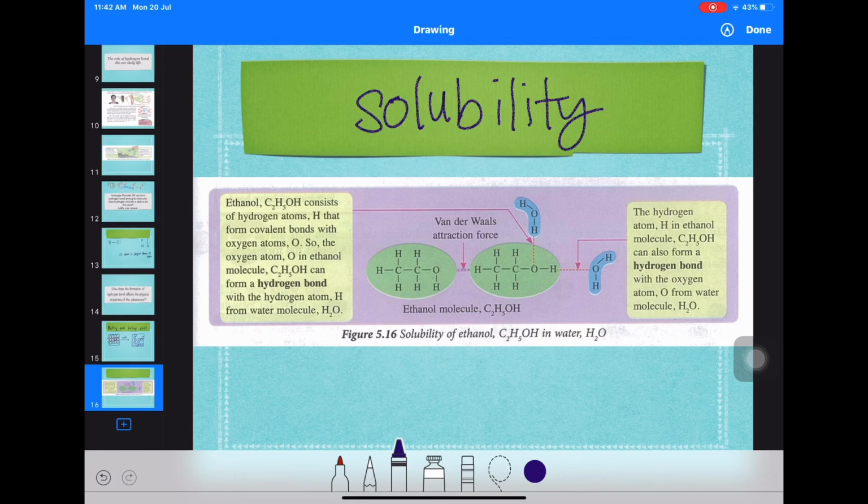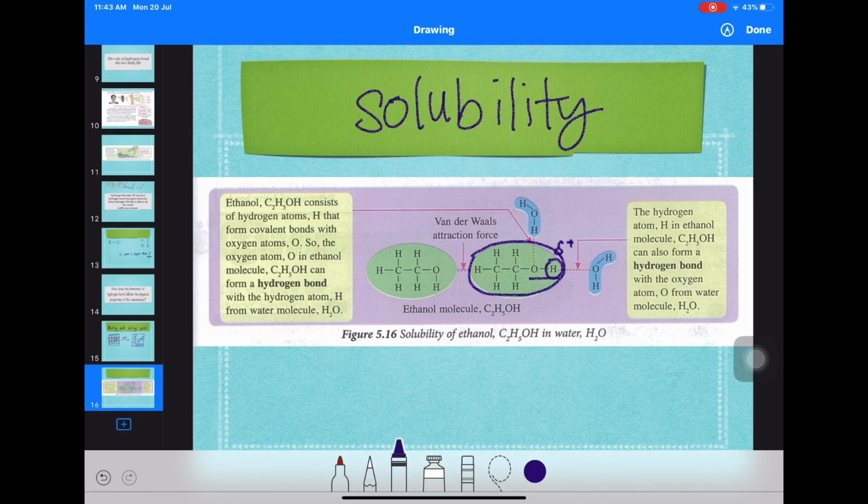Because of its ability to form hydrogen bonds with water. How does it happen? This is the ethanol molecule, and we know alcohol has the hydroxyl group here. The hydrogen here is slightly positive because it is attached to the more electronegative atom, which is oxygen.